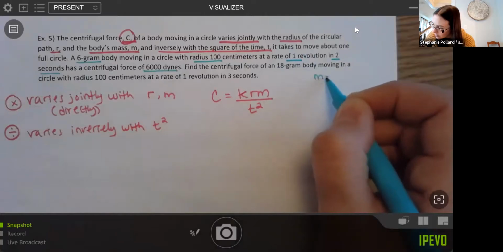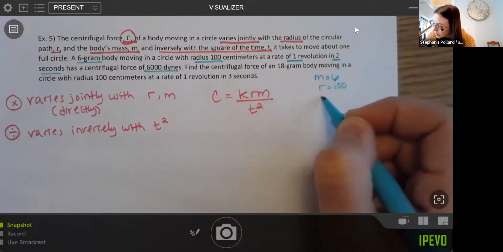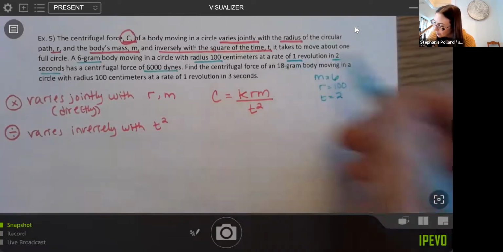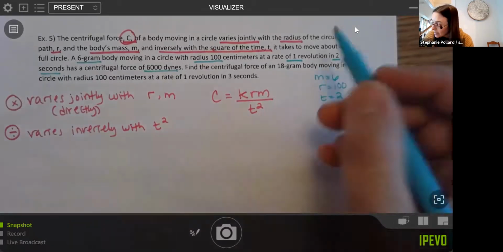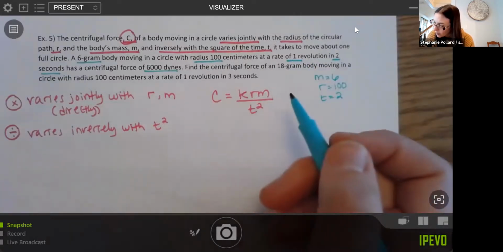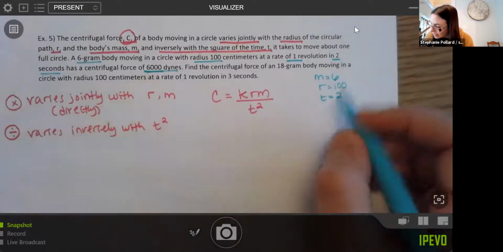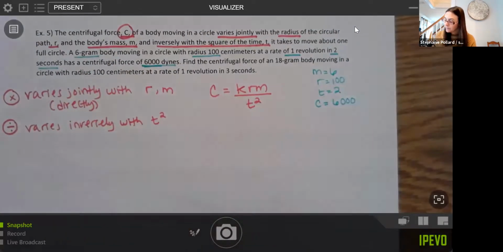Our mass is 6. The radius is 100. We're going 1 revolution in 2 seconds, so that's the time, 2 seconds. It takes 2 seconds to go 1 revolution. And 6,000 for my dynes. That is the answer for C. The centrifugal force is 6,000.